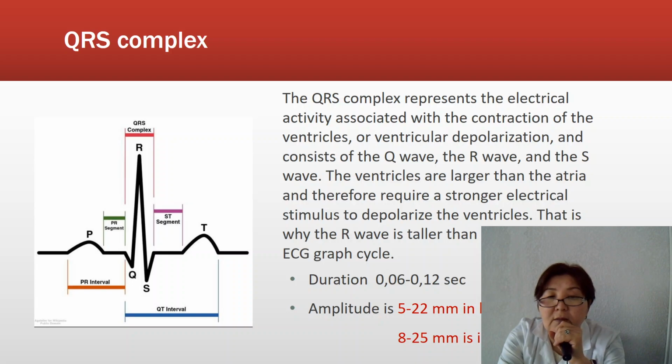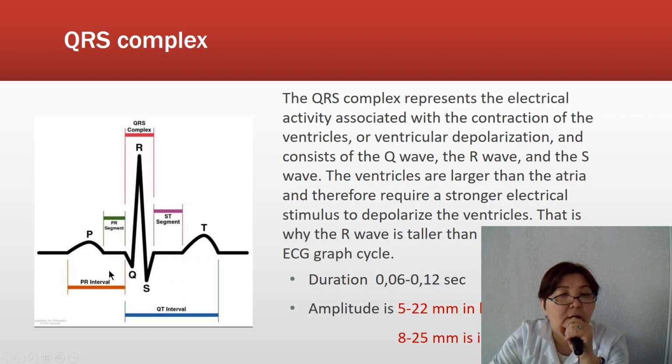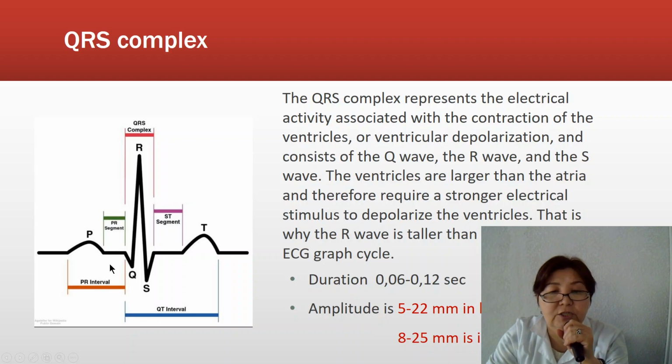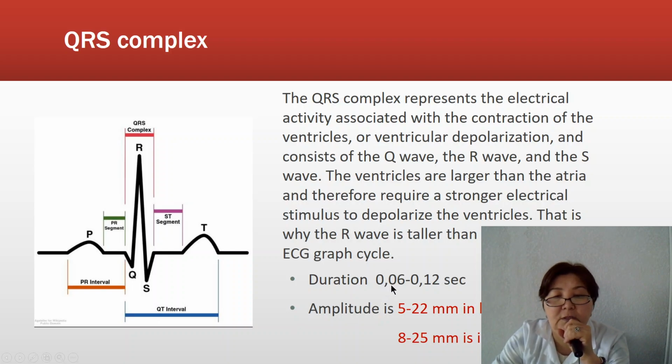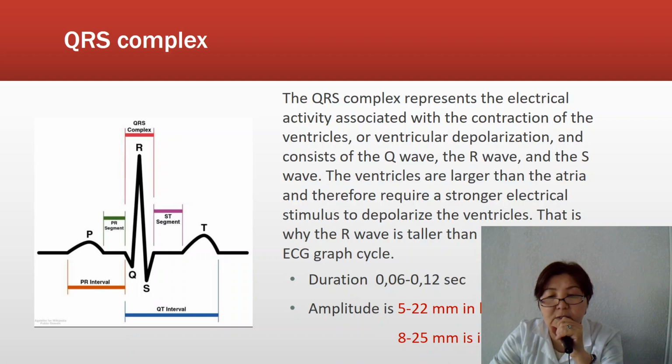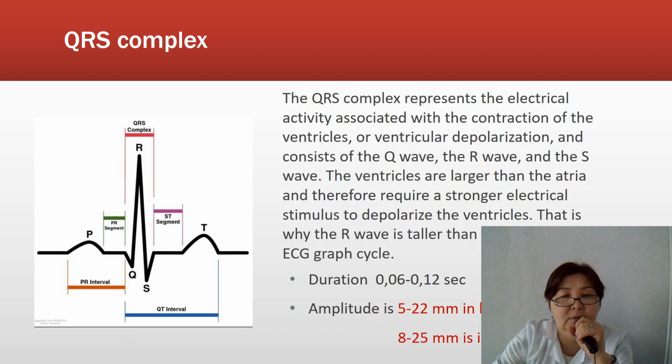That's why the R wave is taller than the P wave on the ECG graph cycle. Duration of the QRS complex is 0.06 to 0.12 second. Amplitude is from 5 to 22 mm in limb leads and 8 to 25 mm in precordial leads.